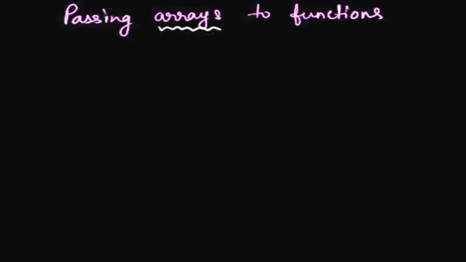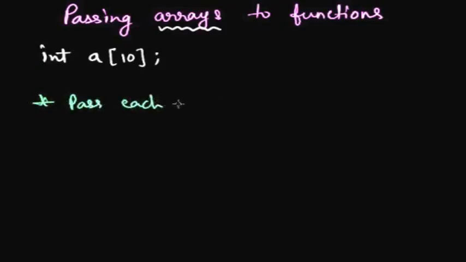So let us say that we have declared an integer array A of 10 elements. Now how do we pass these 10 elements to some function print array? Let us say we have a function that will print these 10 elements. How do we pass them? There are actually two methods. We can pass each value one by one.